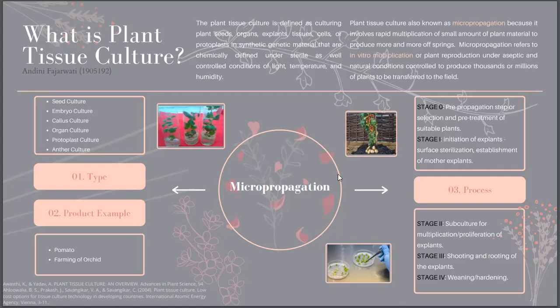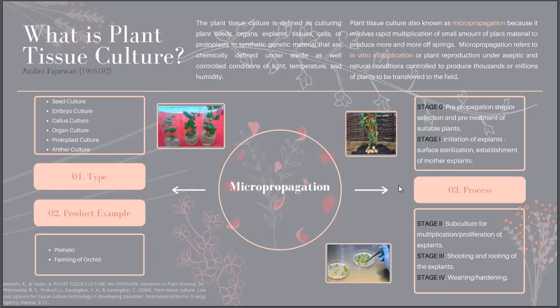So the next is the micropropagation process. There are 1, 2, 3, 4, 5 processes. The first process is stage 0 or pre-propagation.